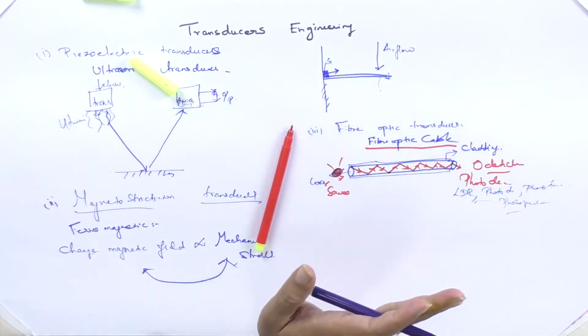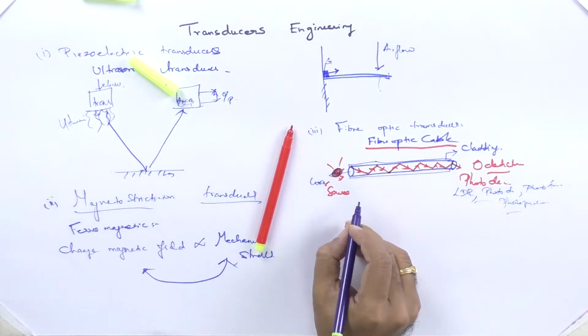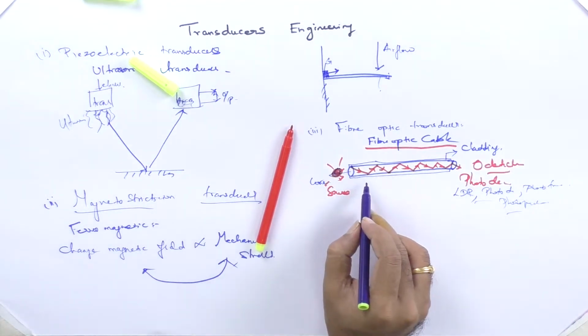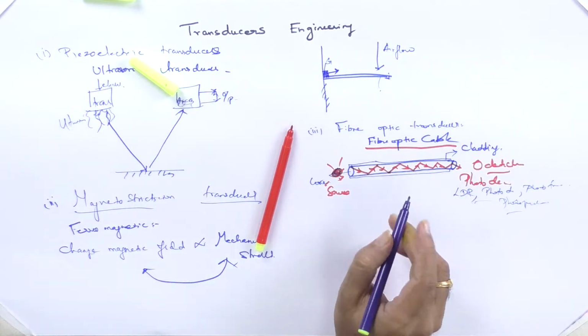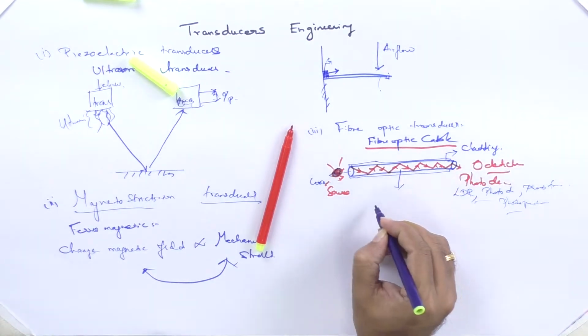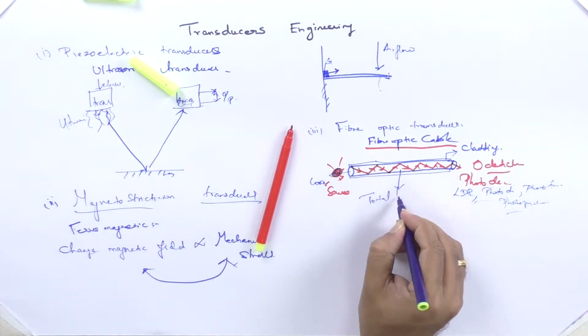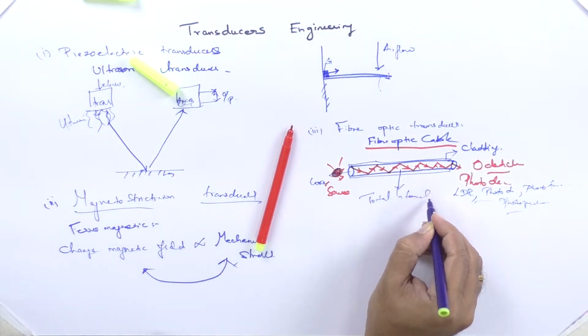So now we have seen the major principle behind the light passage: the refractive index is the same inside the core, and light is guided through it. This phenomenon is called total internal reflection.